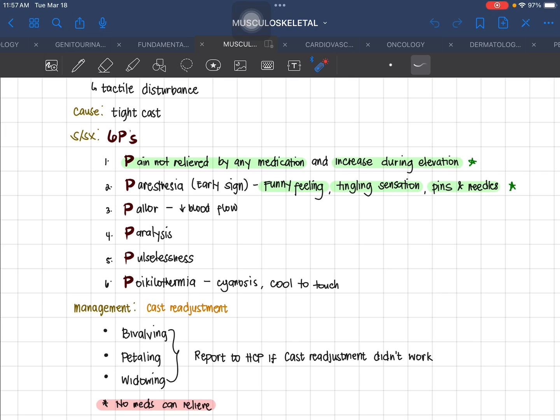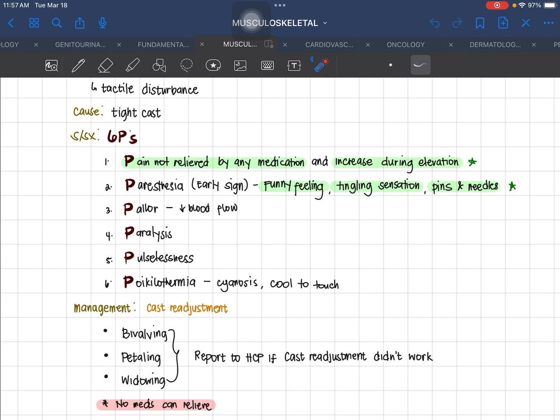Kasi, ang sakit nun ay galing sa labas. Hindi naman dahil sa may nagsisirculate sa'yo o sa loob mo. Dahil sa labas, may pressure. So, hindi mo siya marirelieve ng kahit anong gamot. Kaya, hindi mo need uminom ng gamot dito. Tapos, nag-i-increase yung pain na yon during elevation. So, kapag tinataas mo yung affected part, mas lalo siyang sumasakit.